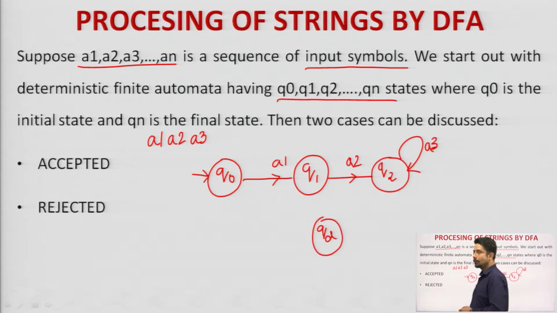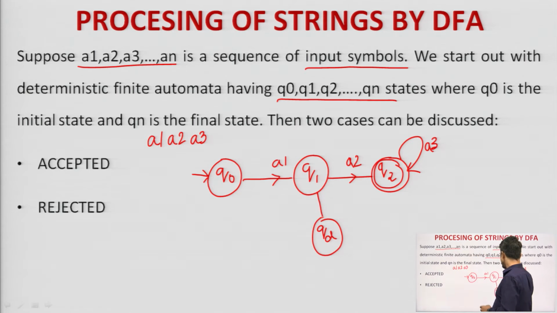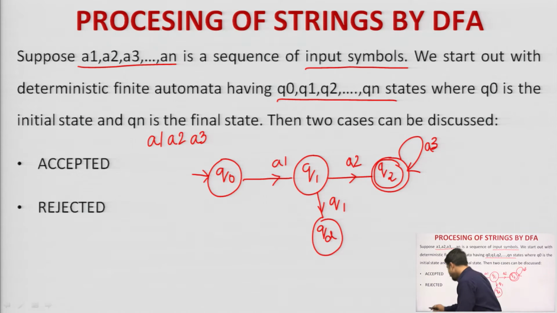Now, if I need to process this particular string a1, a2, a3 and have it accepted, I need to declare one of the states to be the final state, correct. And suppose from state q1 to qd I have a transition.